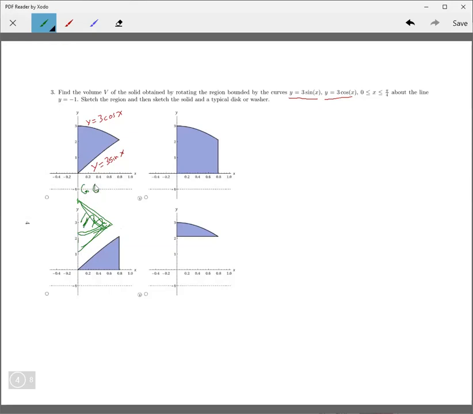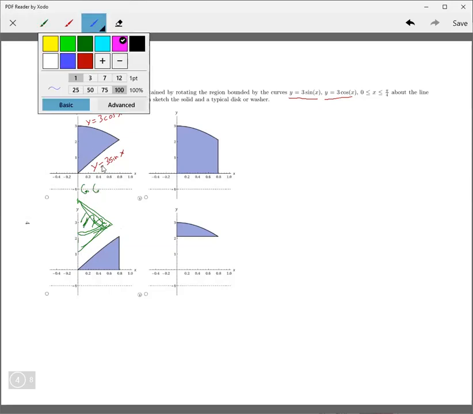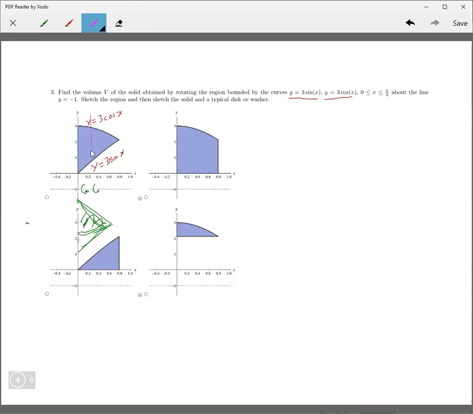Okay, so when you take a cross-sectional area, slice it like that, then what you're going to get is a big washer, like that, a big washer.